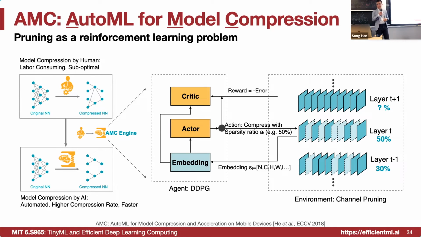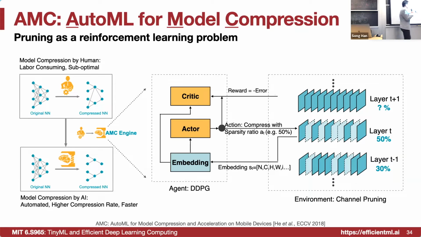And what is the action? The action here is the sparsity ratio for each layer. For example, first layer, second layer, third layer: 30%, 50%. What is the sparsity ratio for each layer? We also need to know the embedding of the neural net, since the architecture of the neural network determines the pruning policy.